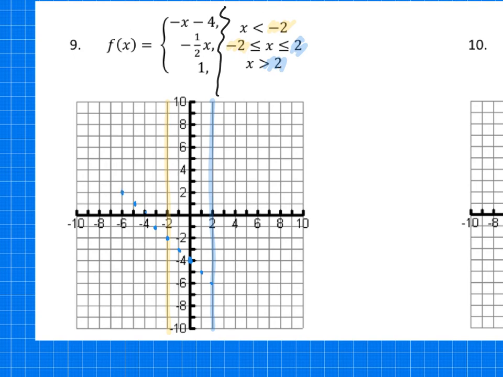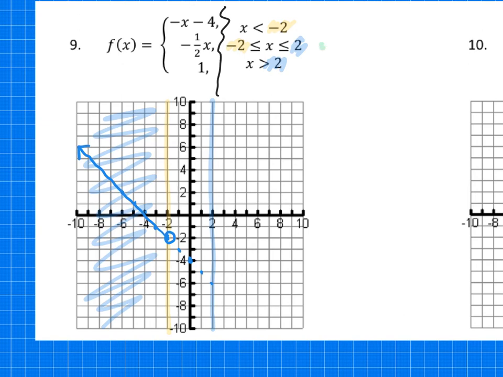So that means that I am going to keep everything in this section for that graph. So I'm going to make an open circle right there, and I'm going to draw my line going that way. There's a way to undo my highlighting, so bear with me on that.